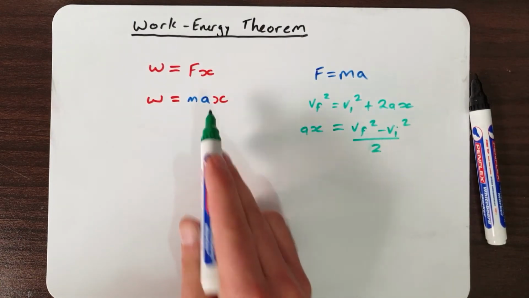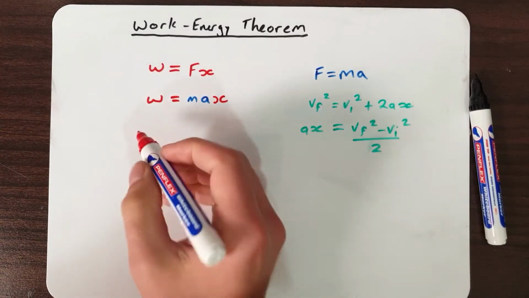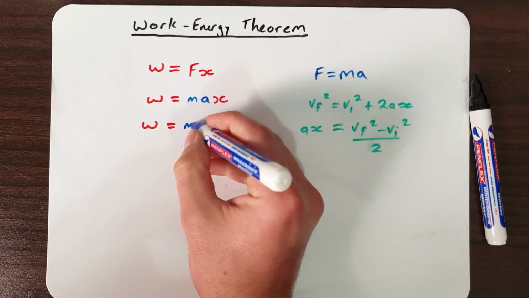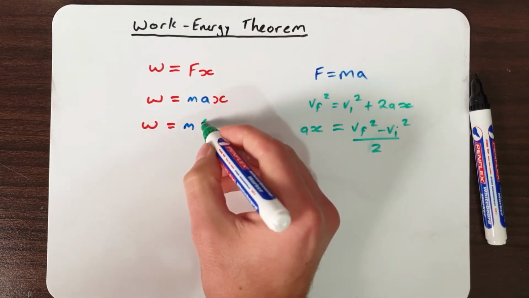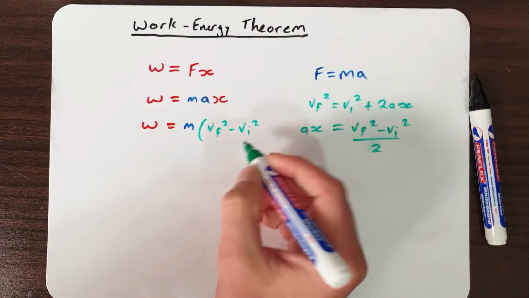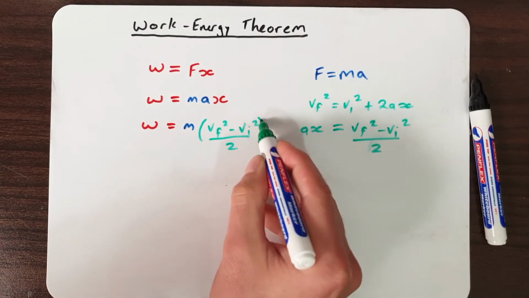So if we substitute this in for ax over there, we can then get work is equal to mass times (vf squared minus vi squared) over 2.